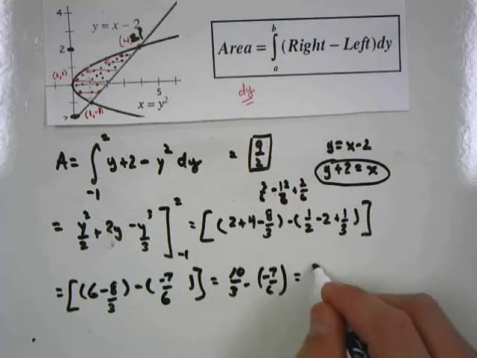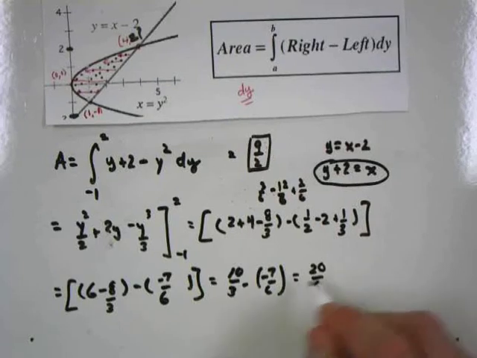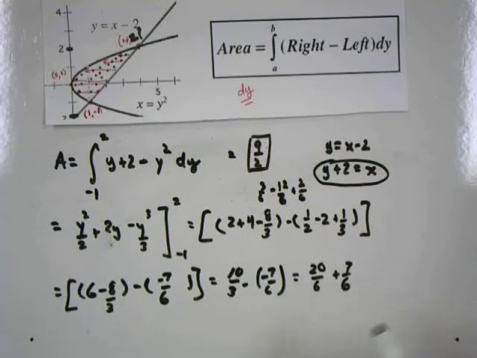So two negatives make plus 7 over 6, and we get an answer of 27/6, which is equivalent to 9/2.